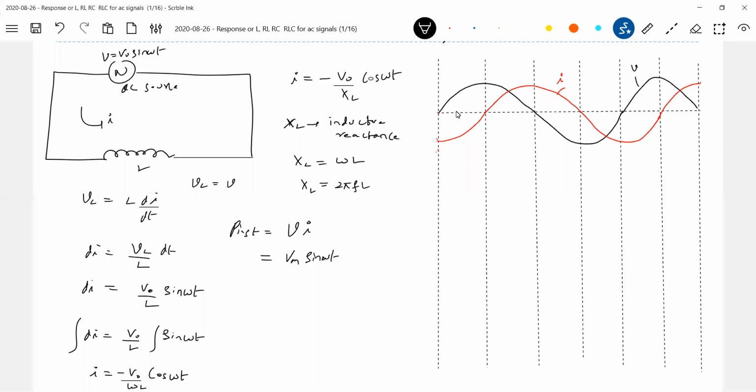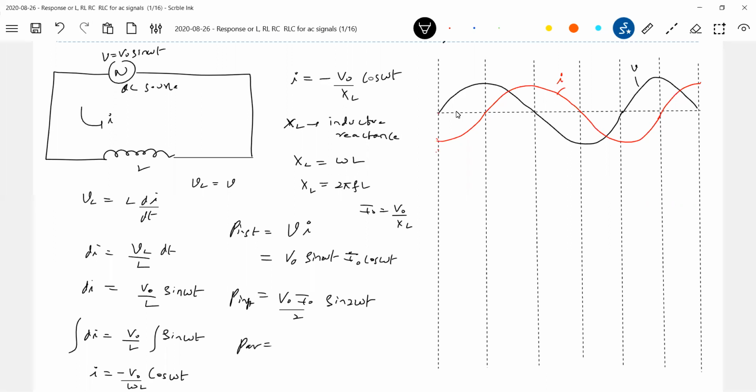Vm sine omega t. This is V naught and this is I naught cos omega t. What is I naught? I naught will be V naught by XL. So this will be V naught I naught by 2 sine 2 omega t.